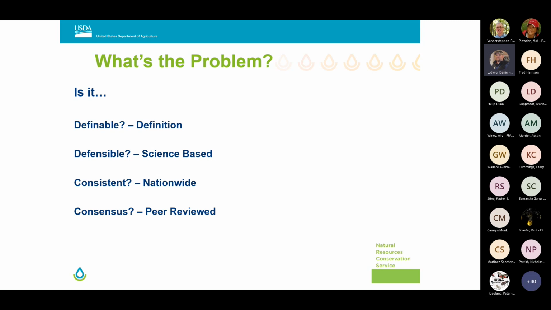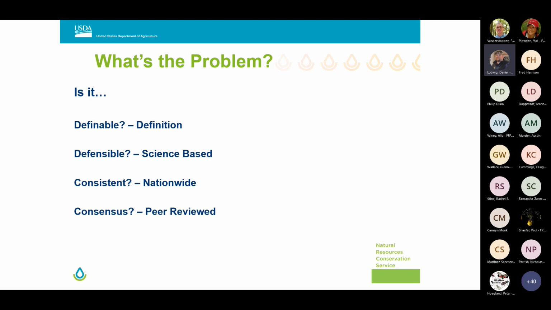And consensus, peer reviewed. So again, even in Pennsylvania, when we have practice standards and we make revisions to them, usually that's done by formation of a team to look at those by our discipline leads, and then they're sent to the state technical committee for peer review and to gain comments and to make sure that our practice standards are applicable and can be implemented.